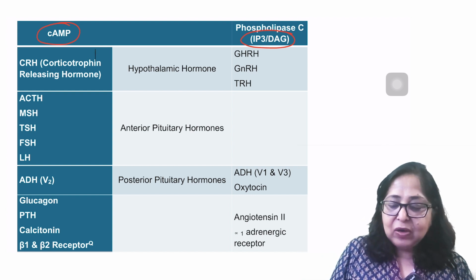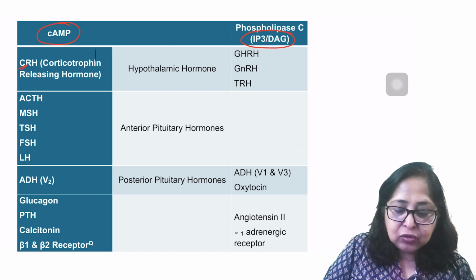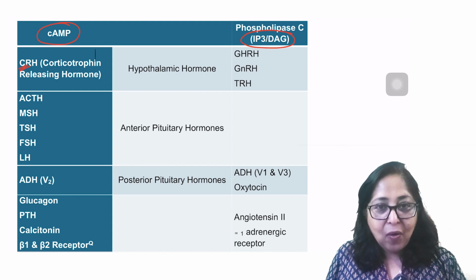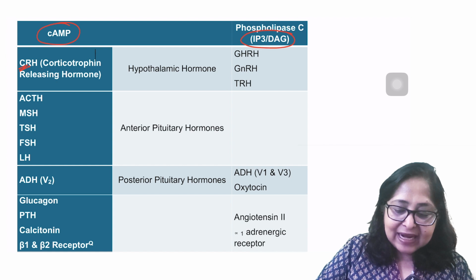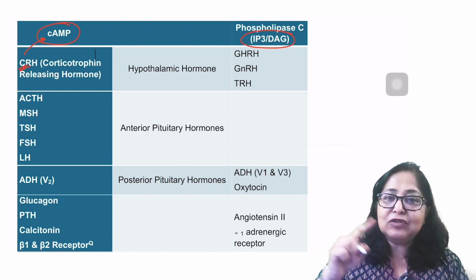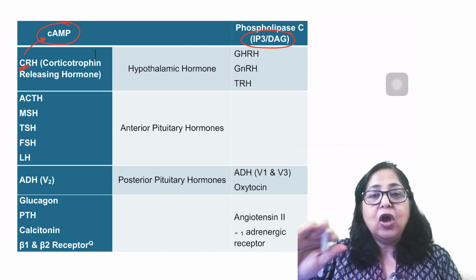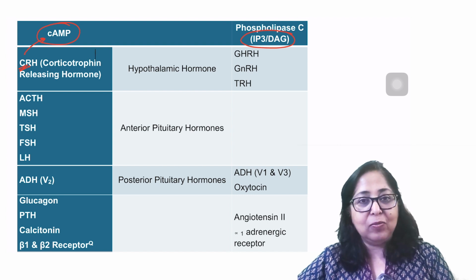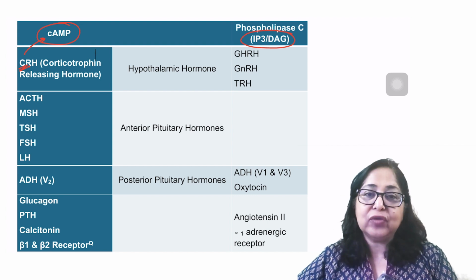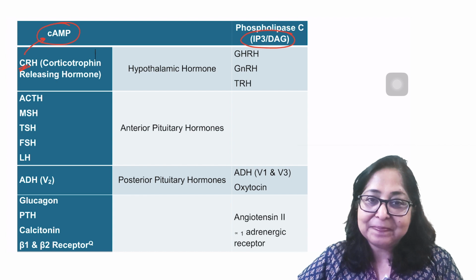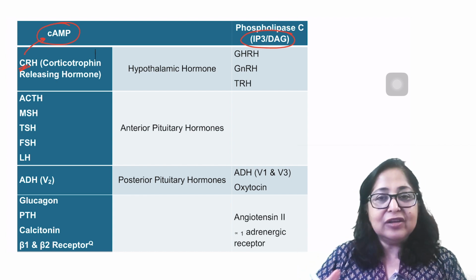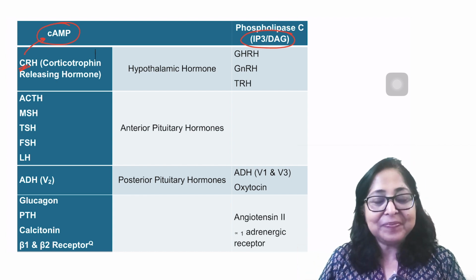So hypothalamic hormone, CRH, corticotropin releasing hormone, uses cyclic AMP. So easy to remember, C for CRH, C for cyclic AMP. All other hypothalamic hormones will use the inositol triphosphate and the DAG mechanism. That is GHRH, GnRH, TRH.